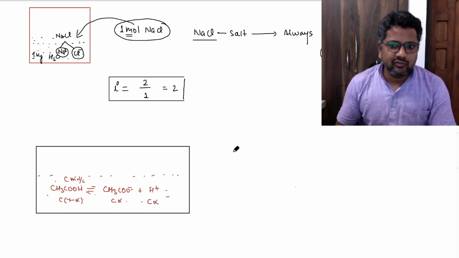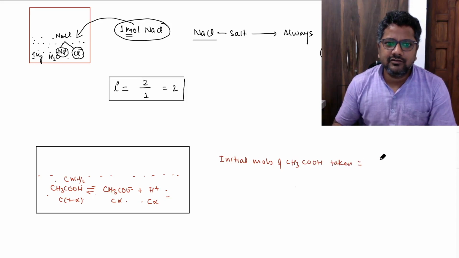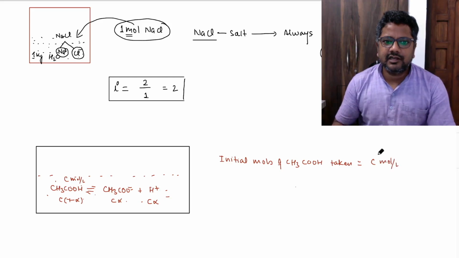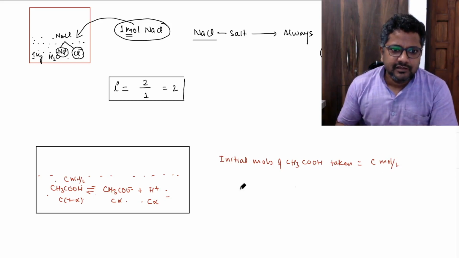So the initial moles of CH3COOH taken is equal to, you can take directly C moles per liter. Instead of moles, you can take moles per liter, no problem.